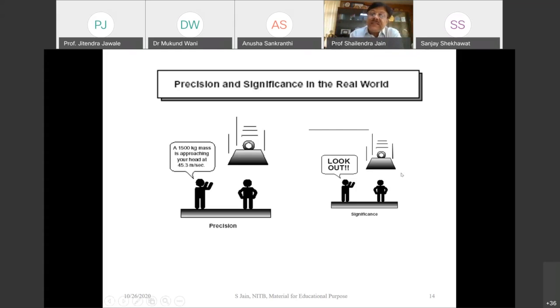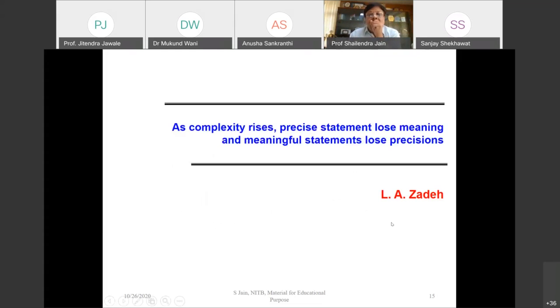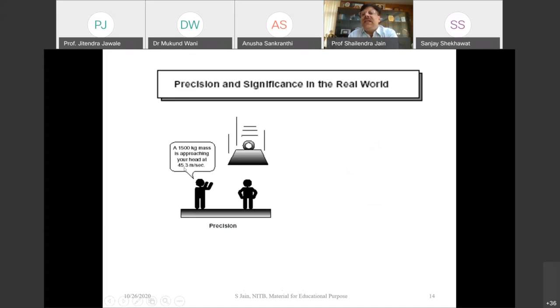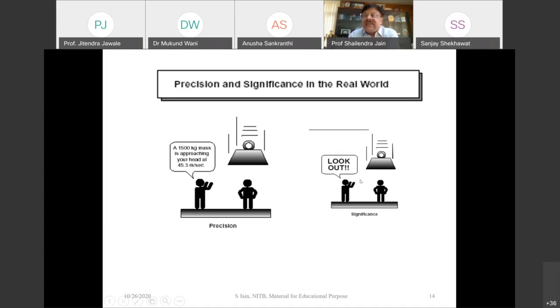So that is basically what Professor L.A. Zadeh, who is the founder of fuzzy theory, said: as complexity rises, precise statements lose meaning. Here, this is a precise statement, but there is no meaning. This is imprecise, but it has a meaning.